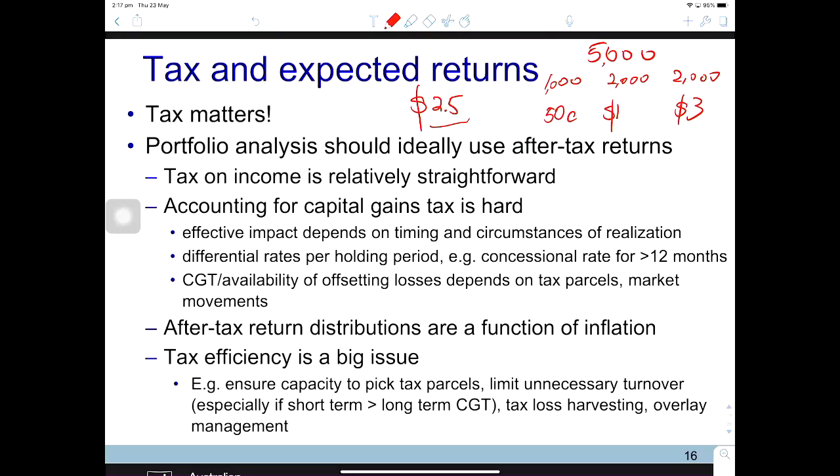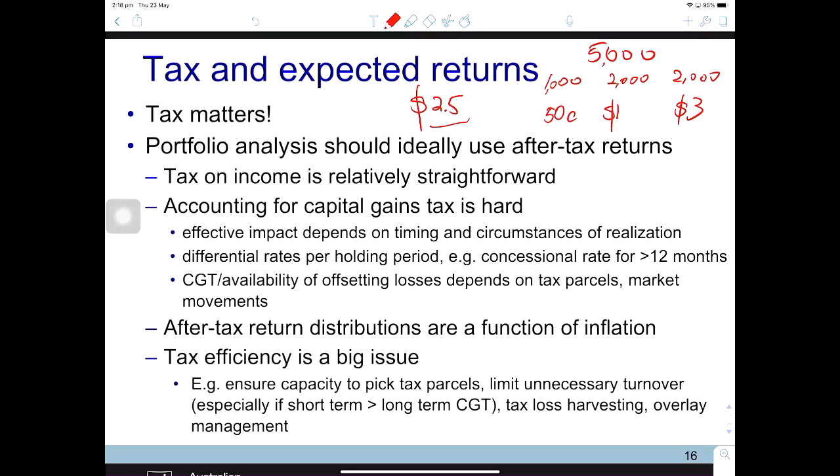They show that I have these 5,000 shares of Woolies, and you have to choose which 1,000 shares you want to sell if you want to reduce your exposure to Australian retailers.